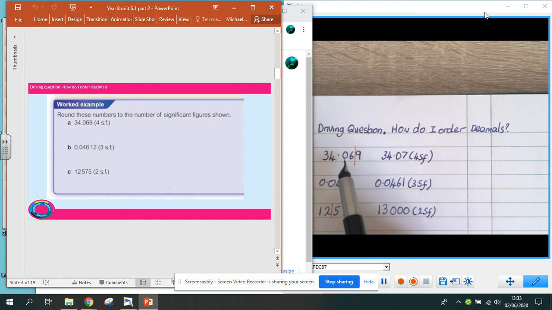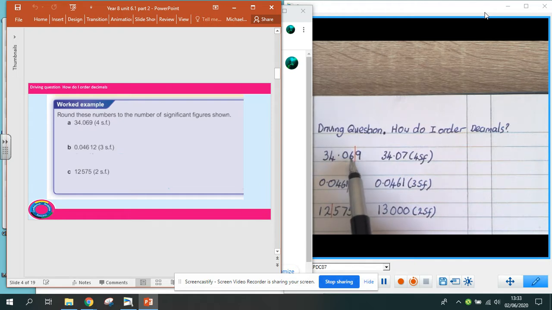We count this 0 because it's after the first non-zero number. If it was at the beginning of the number, it wouldn't count. But because it's in the middle of our count, we count it. So that's my 4th digit, I then look at my next number, it's a 9. So I'm looking at this number, and what do I round? 0.0692?